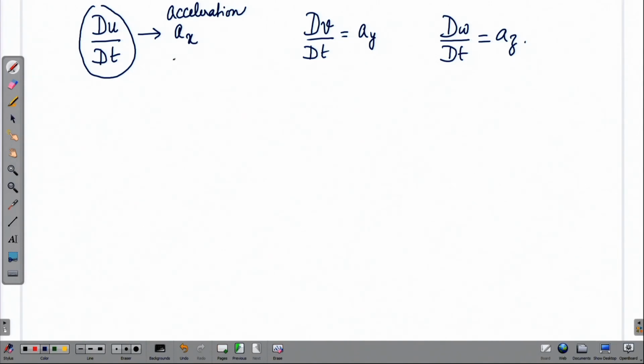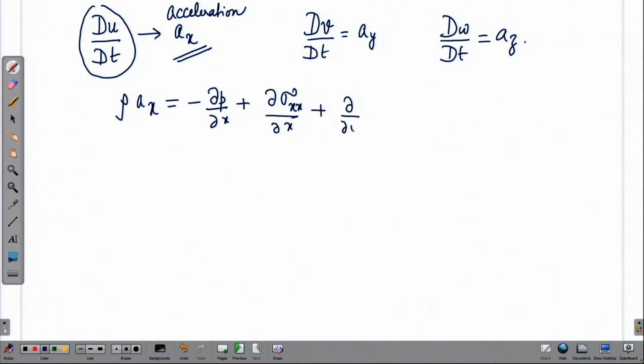So, as far as the x momentum equation is concerned, we can now write it as density times x component of acceleration is minus del p del x plus del x of sigma x x plus del y of tau y x plus del z of tau z x. And then we of course substitute the complete expressions of these normal and shear stresses, but that is not of immediate importance to us.